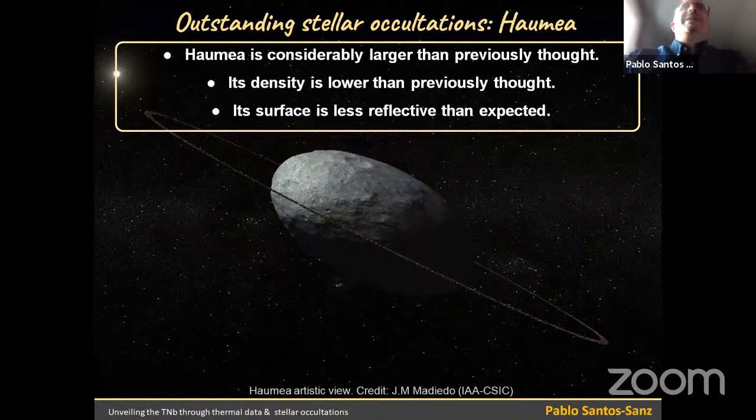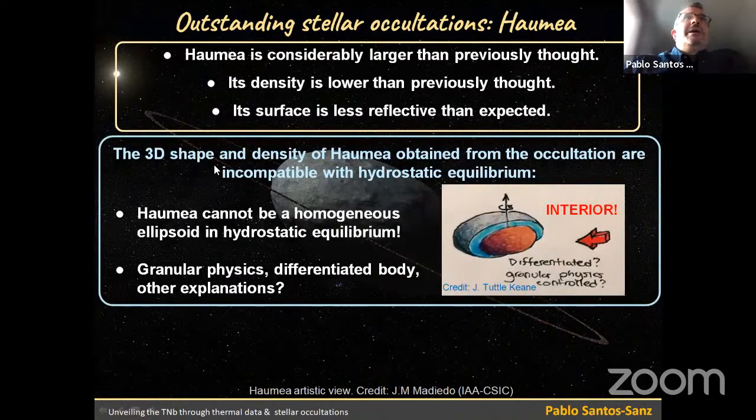Well, just to summarize the Haumea results, Haumea is larger than previously thought. The density is lower, the surface is less reflective, and as I said, the 3D shape and density from the occultation are incompatible with hydrostatic equilibrium. Well, this means that we need another physics to explain the 3D shape of Haumea, like maybe granular physics, or maybe the body is differentiated.